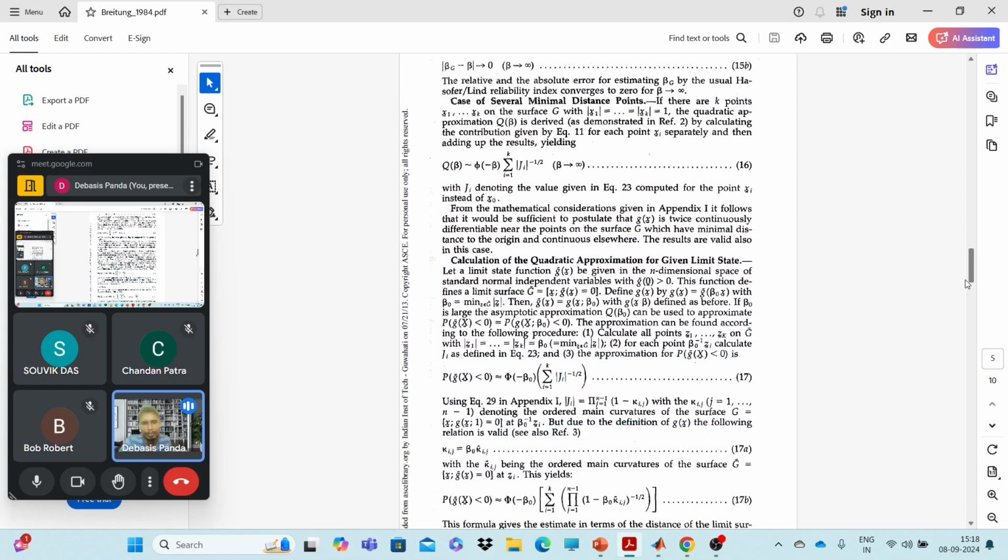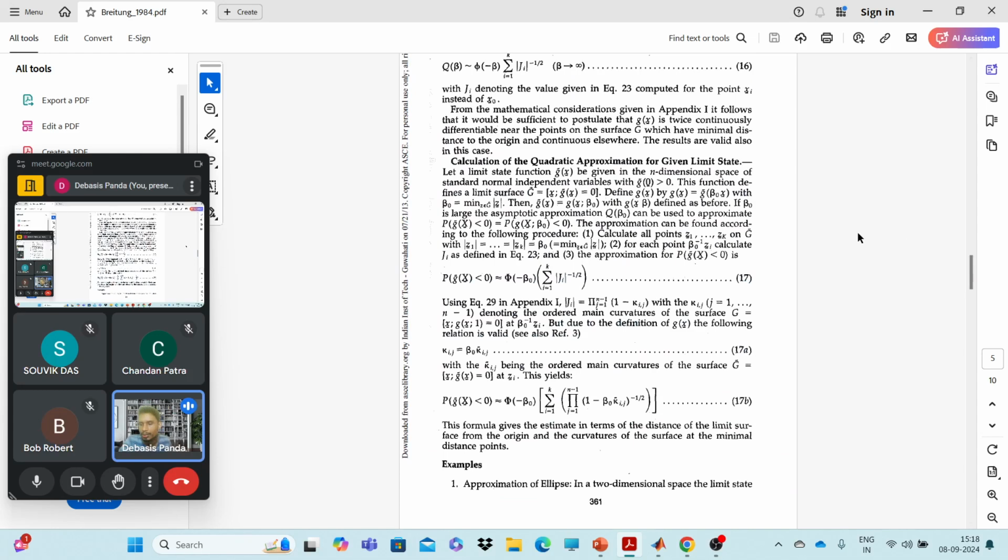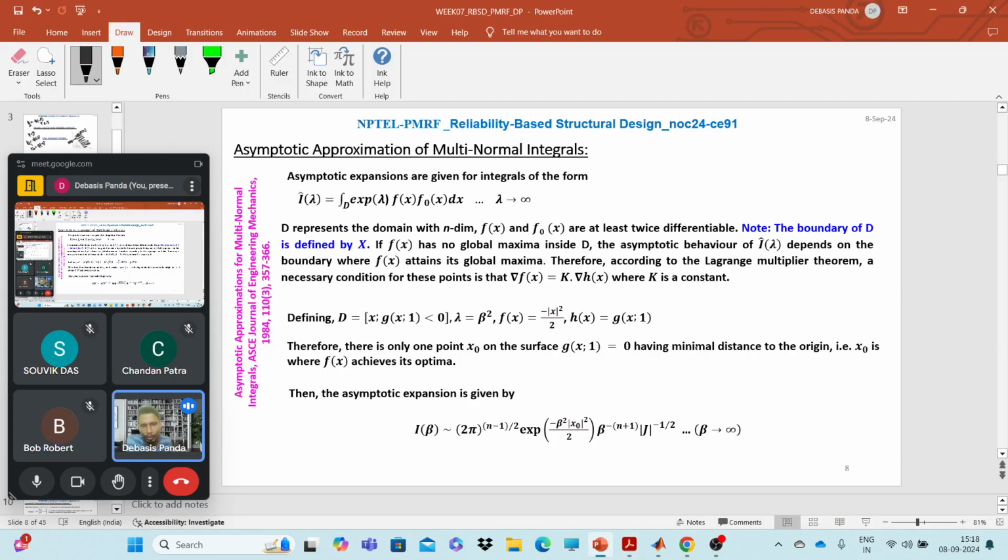So if you want to go through this, or want to have more knowledge about this asymptotic integral, you can go through this paper. This paper is actually authored by Carl Breitung, that Breitung model we are discussing now. So we will not go into the asymptotic integral.